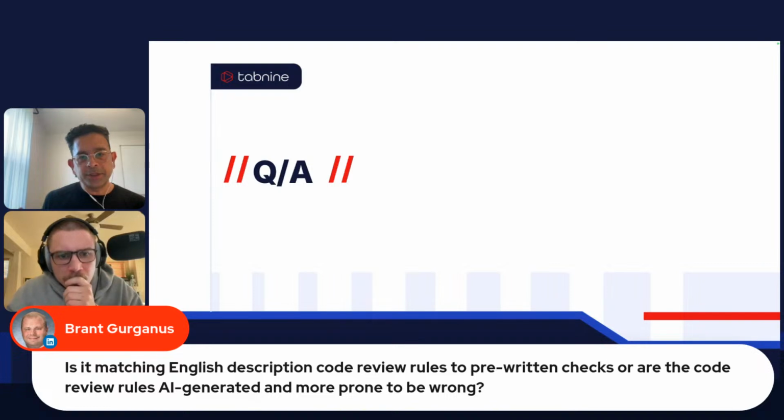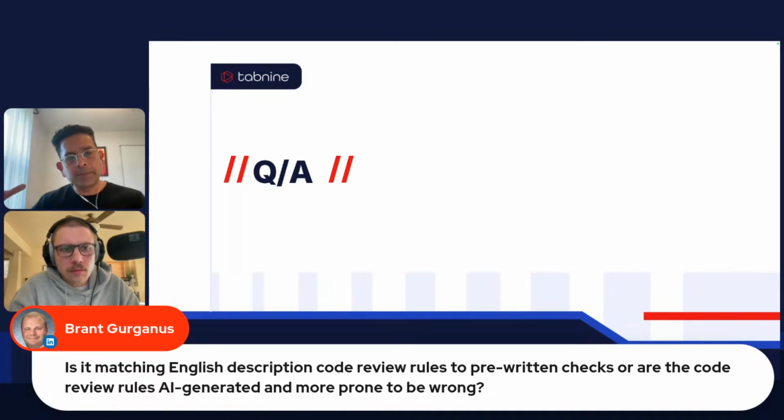Tabnine will take that information and elaborate on that description, and also add in examples of a good way of writing or a bad example for that rule, so we can pre-populate a lot of that information so that it's easier for the AI to flag what is wrong and what isn't. In our internal testing, the number of false positives and false negatives is drastically lower compared to static code analysis tools.